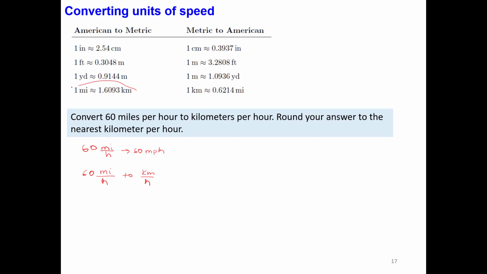Either this or this conversion factor, and let's use the first one. Let's use this one.